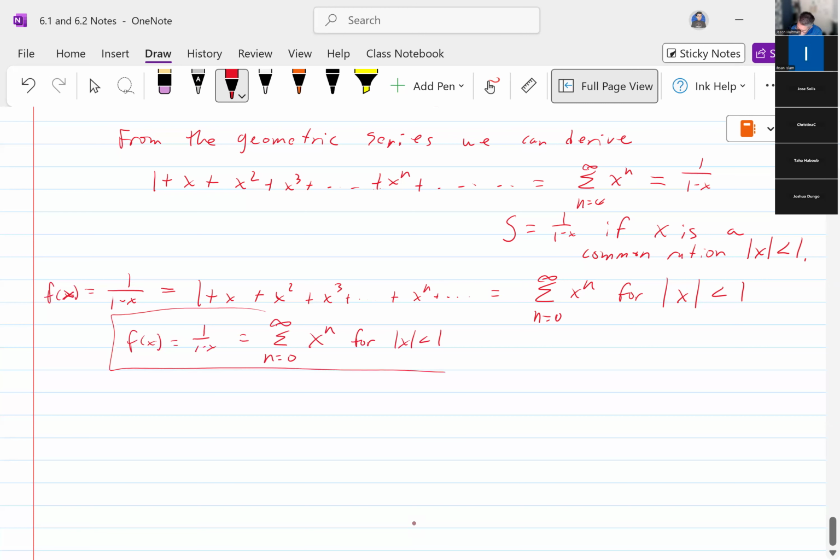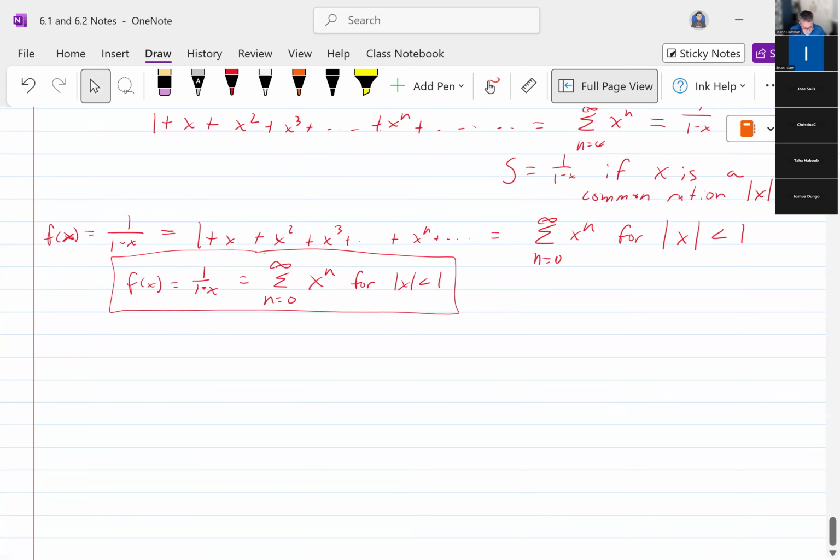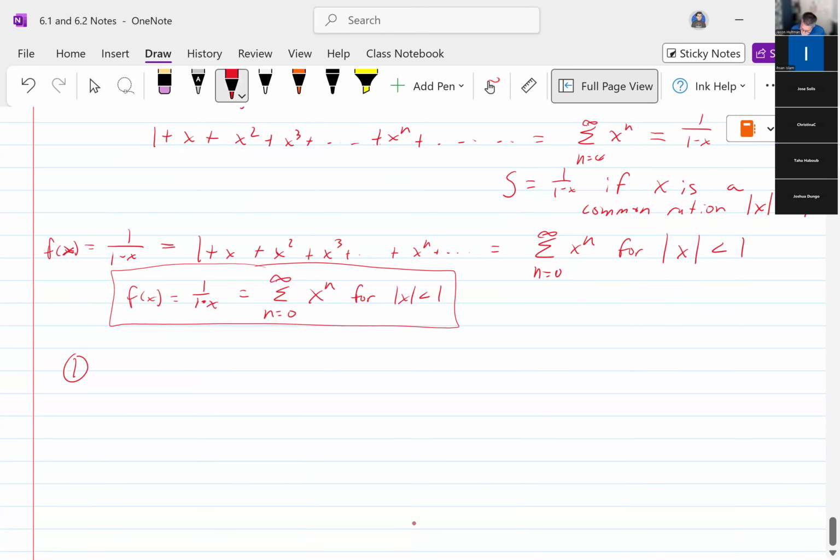Okay, so let's try to figure out another function of x that we can express as a power series. Express 1 over 1 plus x squared as a power series.